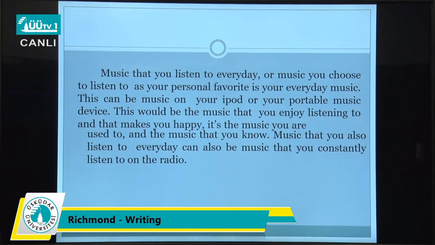Now, this is our second body paragraph. In our second body paragraph, the writer explains the second type of music, the music that we listen to every day.